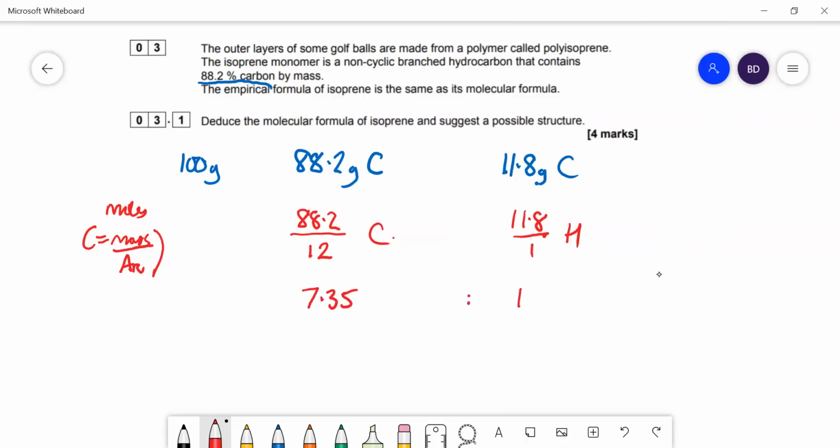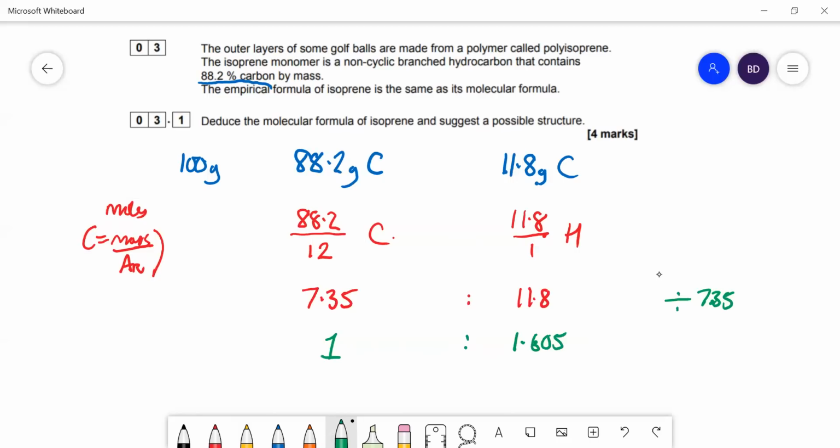to 11.8. So we've got to simplify that ratio of carbon to hydrogen. We've got to simplify it by dividing by the smallest number, which is 7.35. So 7.35 divided by itself, of course, is 1. 11.8 divided by that is 1.605. Now we need to make that into a whole number.